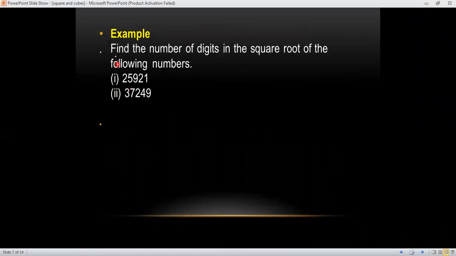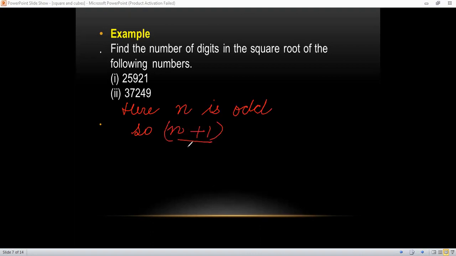Let's take one example. Find the number of digits in the square root of the following number. Here first we will count the digits: 1, 2, 3, 4, 5. So n is 5. Here n is odd. So (n plus 1) by 2 is equal to (5 plus 1) upon 2.